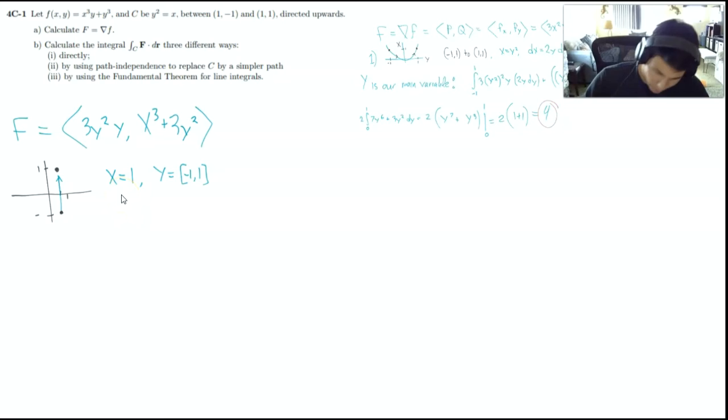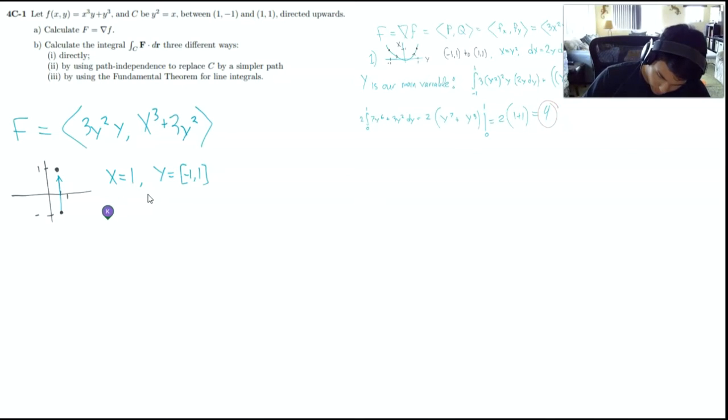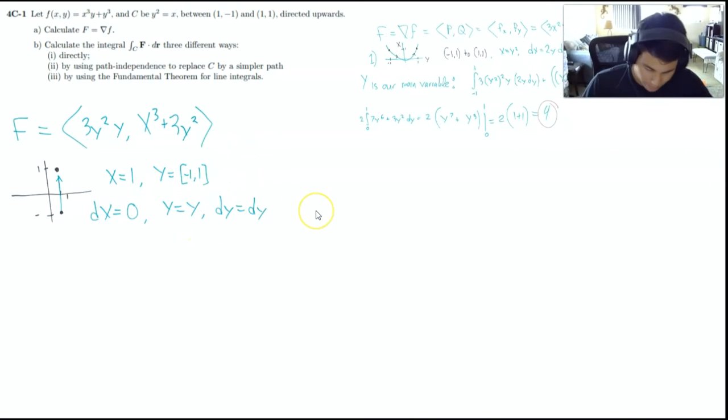Okay, if we were to let x be our main variable, then dx would be 0, right? If we were to let y be our main variable, then y is equal to y and dy is equal to dy. So let's let y be our main variable, and let's just write dx is equal to 0, y is equal to y, thus dy is equal to dy. So I just wrote down all the things I just said.